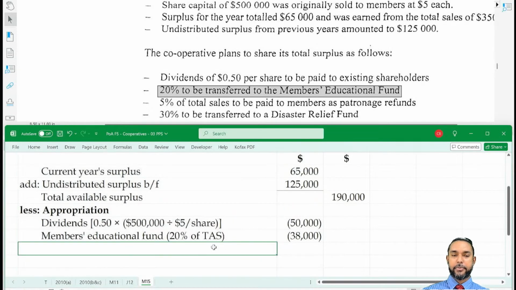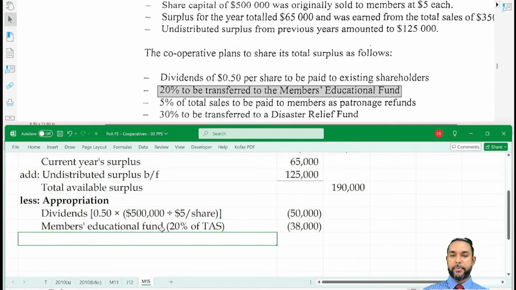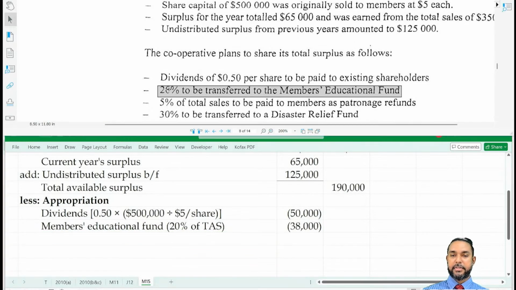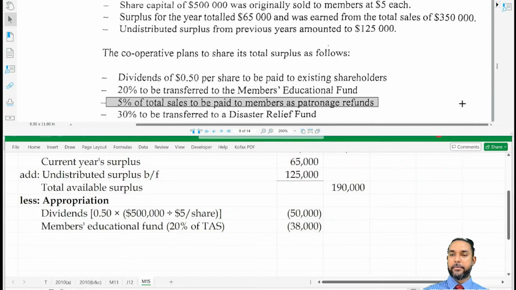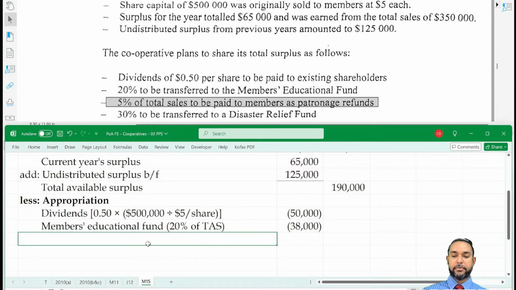There's more room in there, so it's not as close together. Then we had 5% of total sales to be paid as patronage refunds. Total sales on the top here was 350. So it's 5% of that. So patronage refund, 5% of 50.